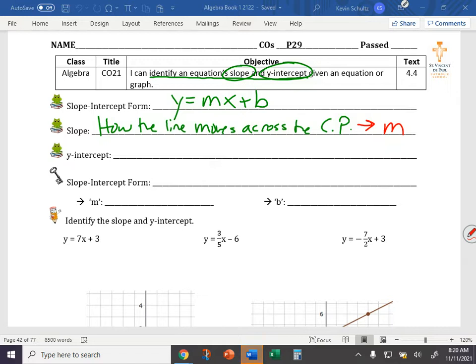But back in the day, when math was first being discovered and taught, it was actually called the mlope. Then language changed over time, and now we know it as slope, but we kept the m variable for it. So there's a little math history lesson.